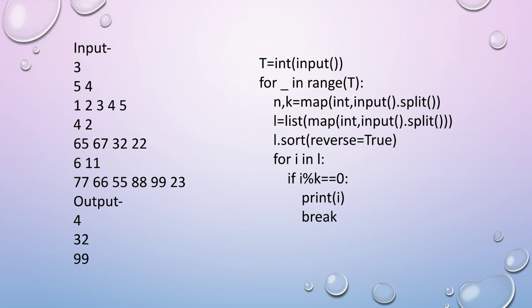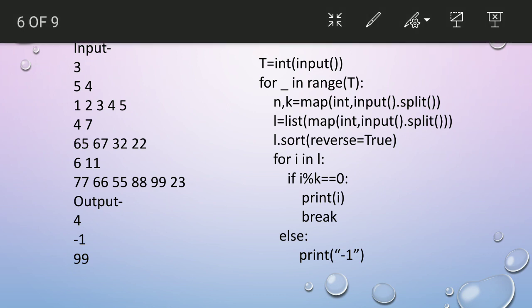Next question. In the same question, if there is no element in the list which is divisible by the value in k, then we will print -1. So here I want to give you the concept of the else for loop. Now everyone knows the if condition and else block.